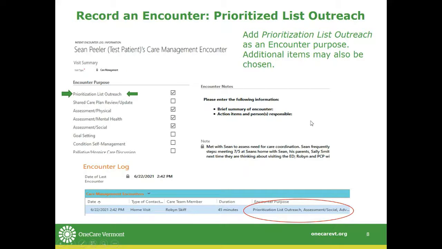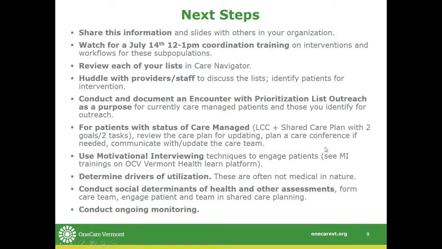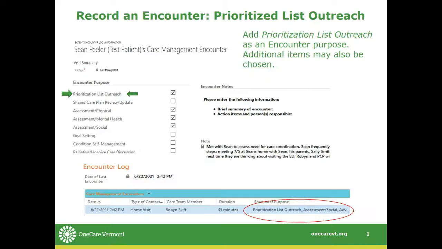The next step, once you view the list, is really looking at and considering who you're going to be engaging, which we'll talk about in a minute. And one of those things, if you can go back to the encounter slide, please. One of those things that we've added is a new reason for encounter, which is there. You'll see it: prioritization list outreach. So this is a checkbox you can use to indicate, yes, I'm reaching out and conducting this encounter based on the fact that this person's been identified in one of these categories.